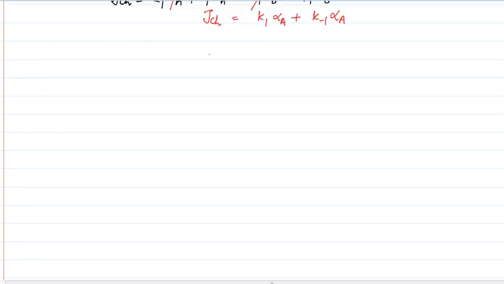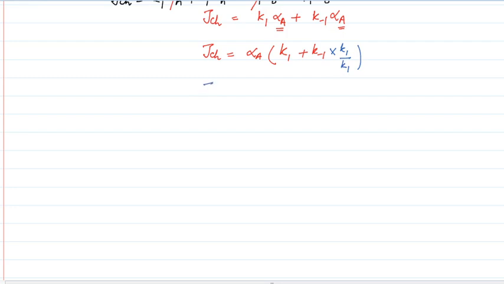So from this relation we can simplify, because here it is alpha A, it is alpha A, we can take these outside and we can simply write K1 plus K minus 1. So what we do here, we will simply multiply this term in the numerator K1 as well as in the denominator K1.